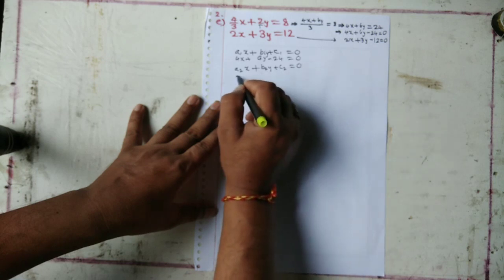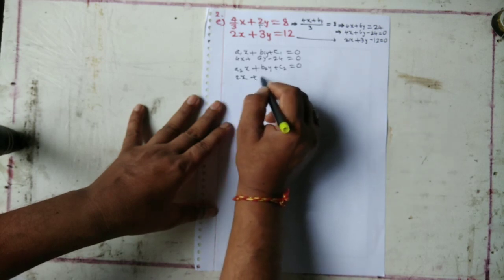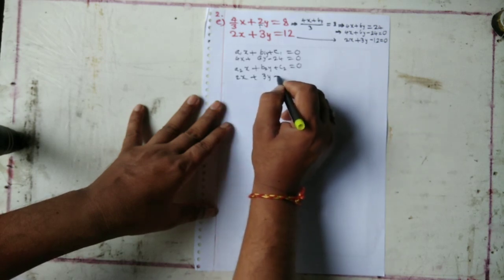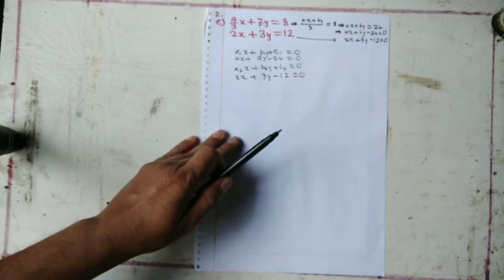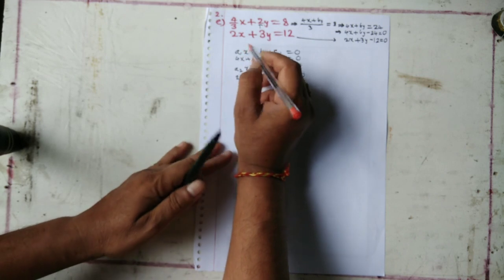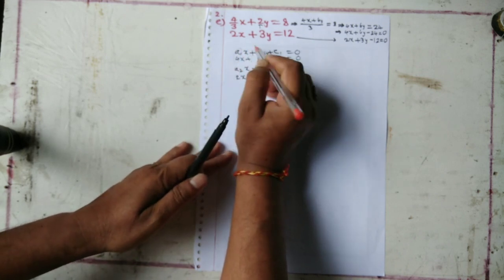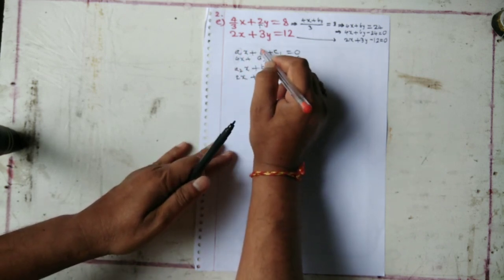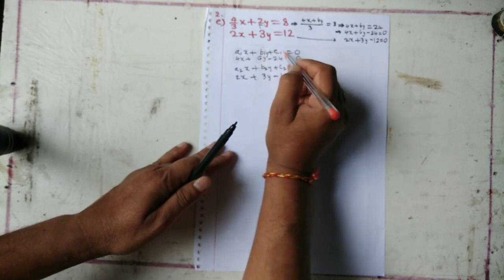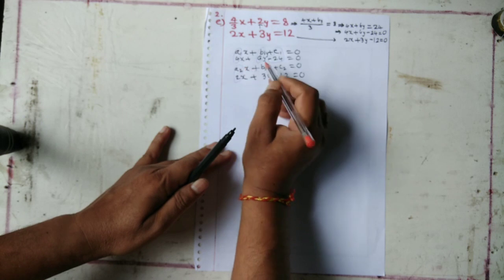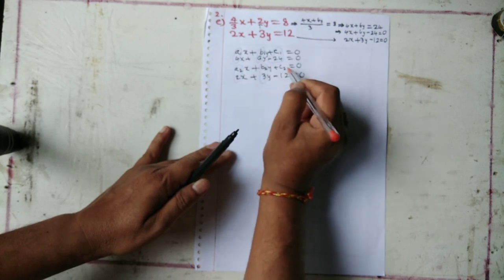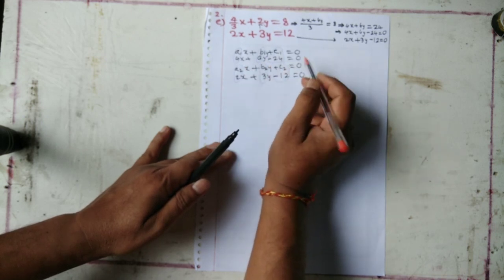Second equation, 2x plus 3y minus 12 is equal to 0. On comparing, a1 is equal to 4, b1 is equal to 6, c1 is equal to minus 24, a2 is equal to 2, b2 is equal to 3, c2 is equal to minus 12.